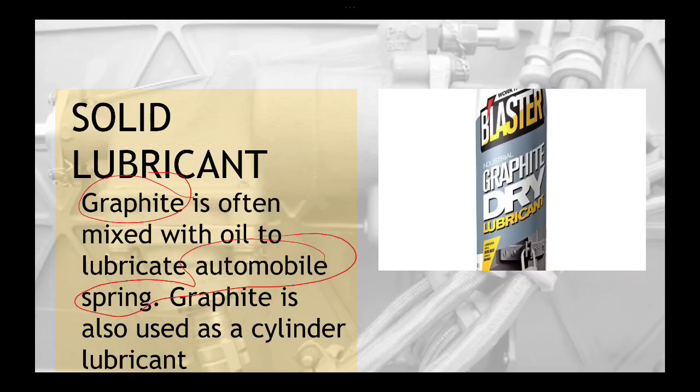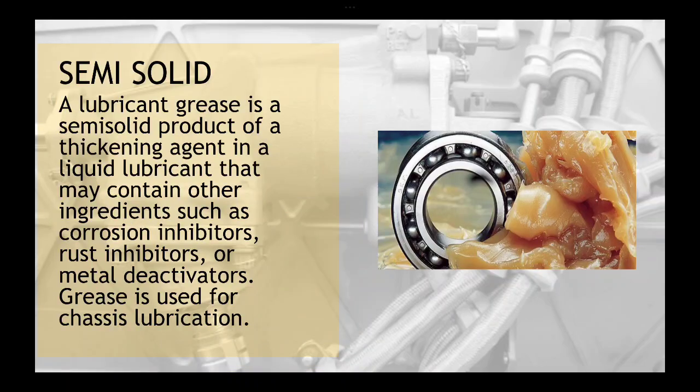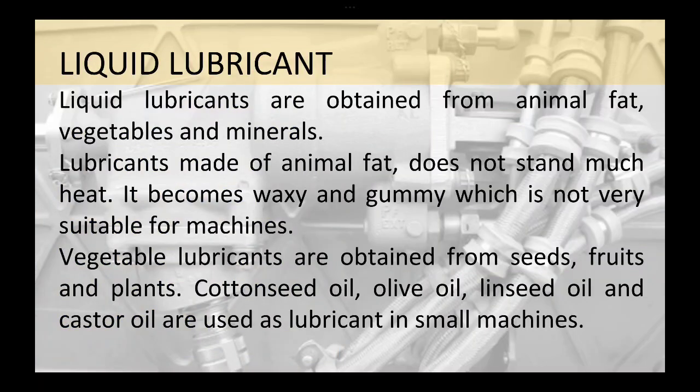Okay, next we do have the semi-solid. Semi-solid lubricant, the perfect example is the grease or grasa. Okay, that's it. Semi-solid, medyo liquid na medyo solid. And then the last one, the liquid lubricant, is basically obtained from animal fats, vegetable, and minerals.